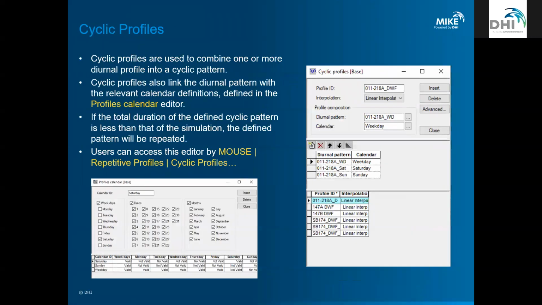And then the diurnal pattern is combined with what we call a cyclic profile. So in this editor, these combine multiple diurnal patterns or diurnal profiles into an entire pattern. So here is where you're going to specify, this is the pattern that's used for a weekday. This is the one used for the weekend.